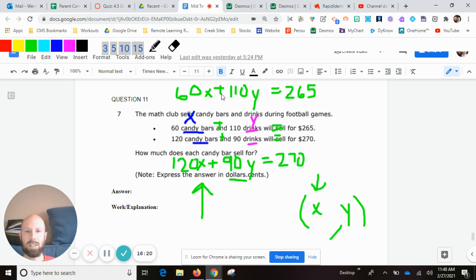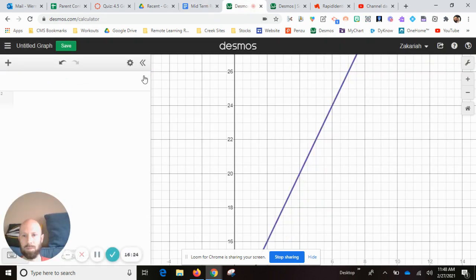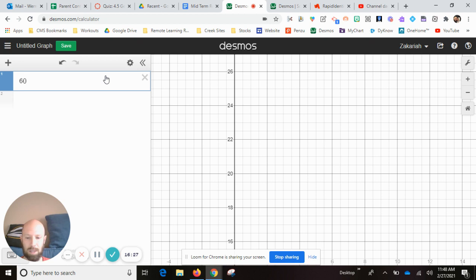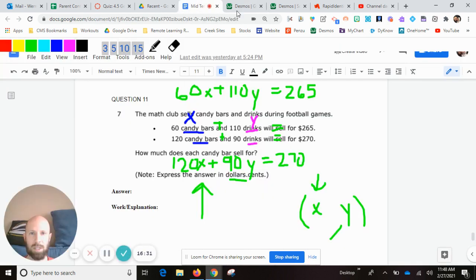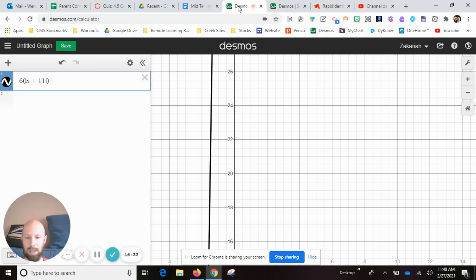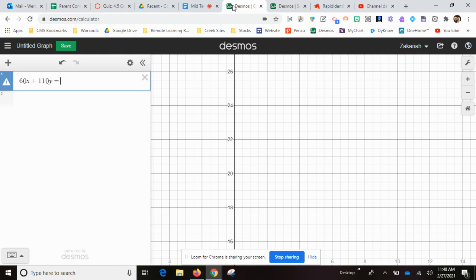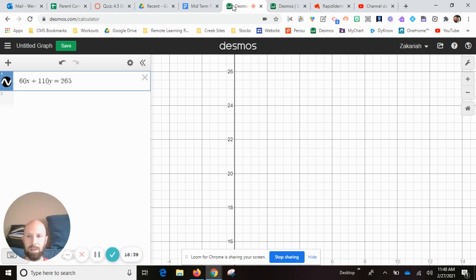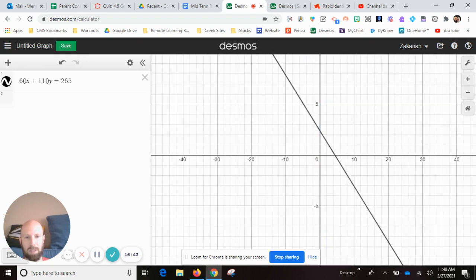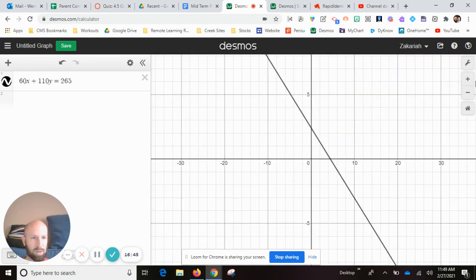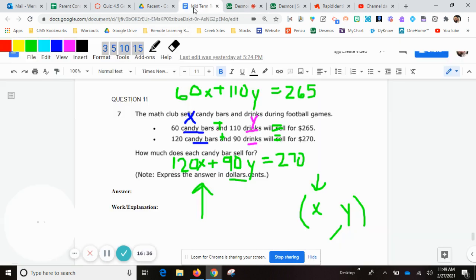So let's type this in, 60X plus 110Y, and it says that's going to equal $265. Can't see the line right now, we're going to have to scroll out, there it is. Let's go back home so I can readjust here. There we go. Let's get our second one in here.